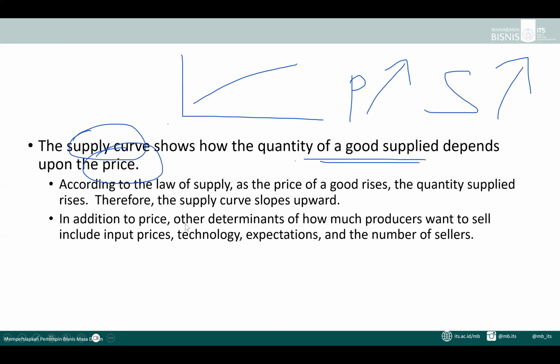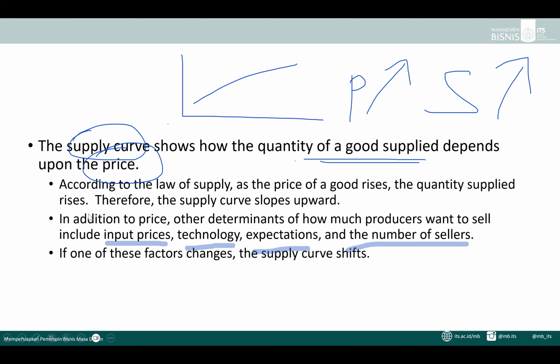In addition to the price, we have other determinants such as input price, technology, expectations, and number of sellers. If one of these factors changes, the supply curve shifts.